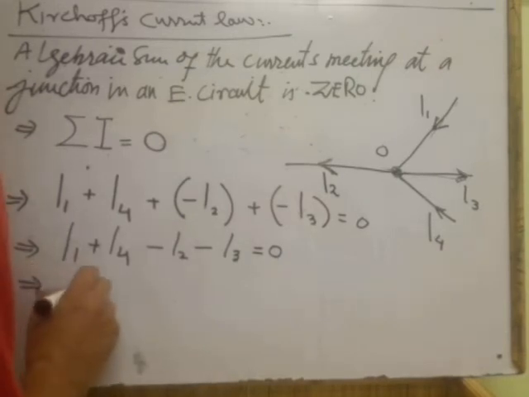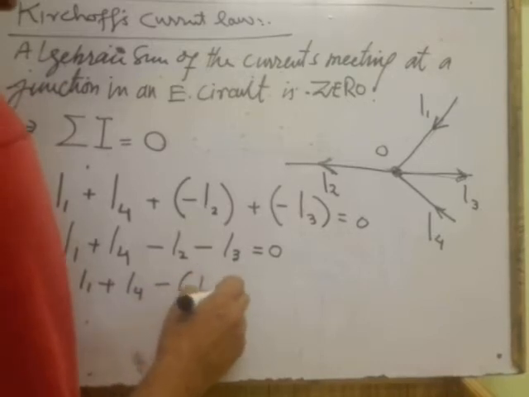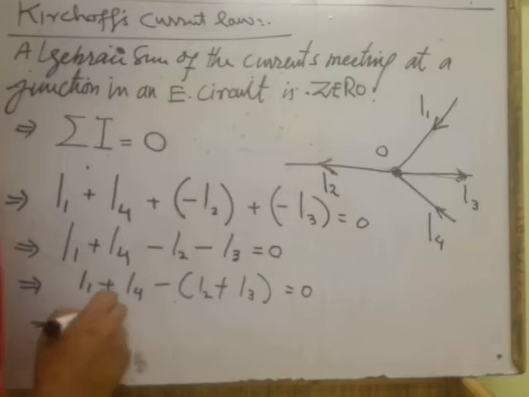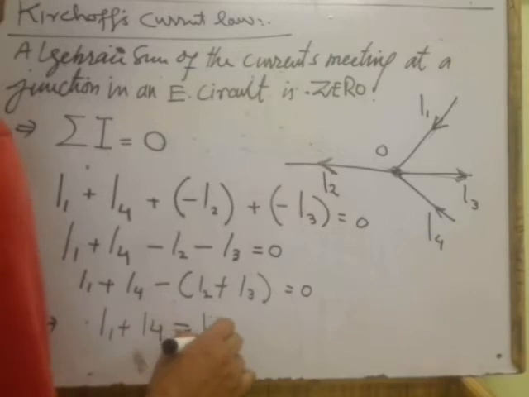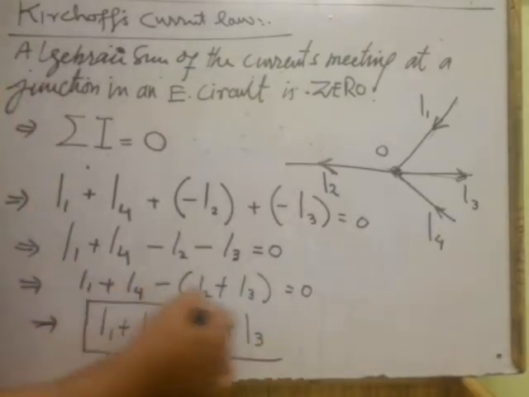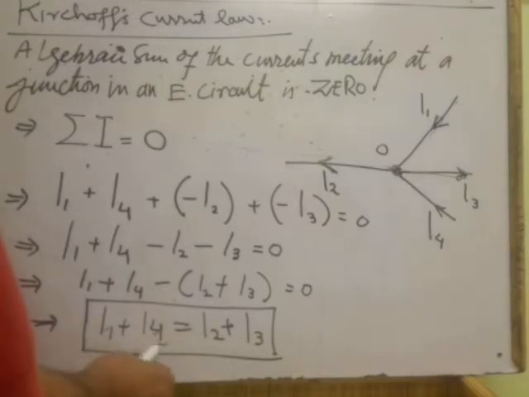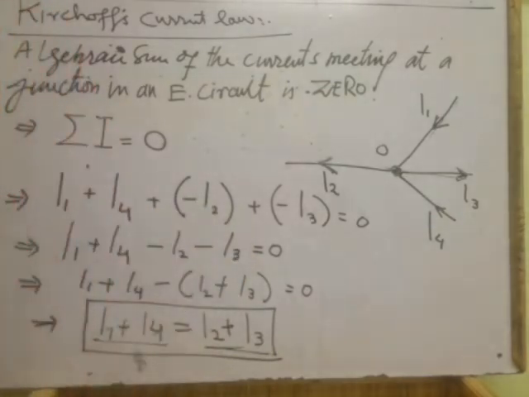Finally we can write that I1 plus I4 is equal to I2 plus I3. This becomes another statement of Kirchhoff's current law: the sum of all the currents entering the junction is equal to the sum of all the currents leaving the same junction. This is Kirchhoff's current law.